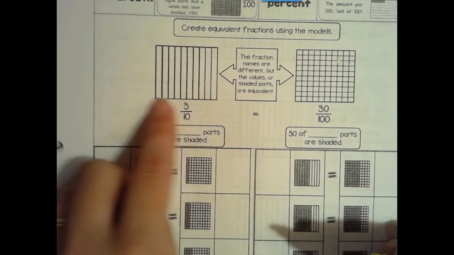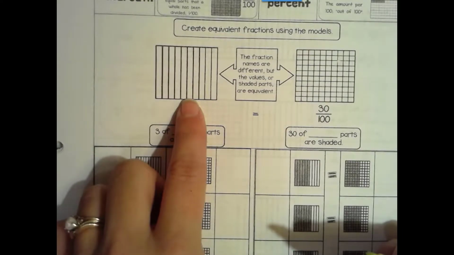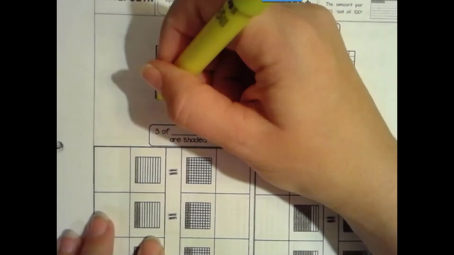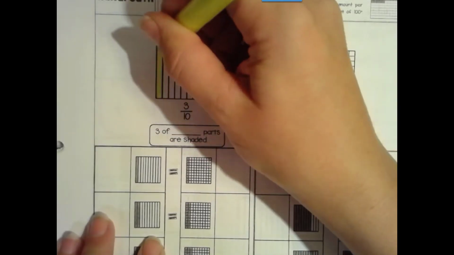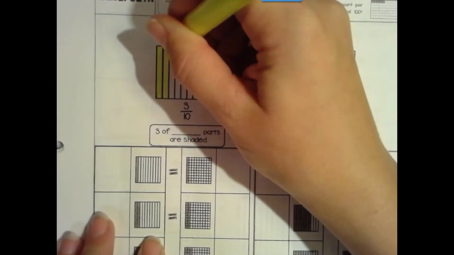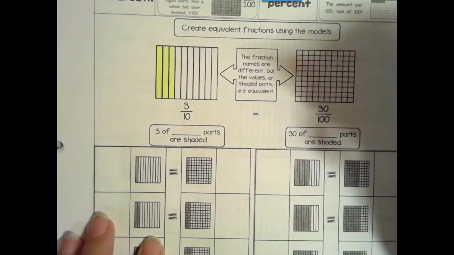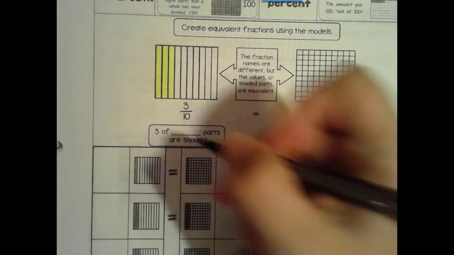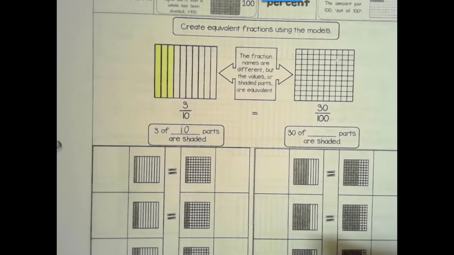So this whole unit is cut into 10 pieces, and we need to shade in 3 of them. So there's our 3/10. So 3 of 10 parts are shaded.